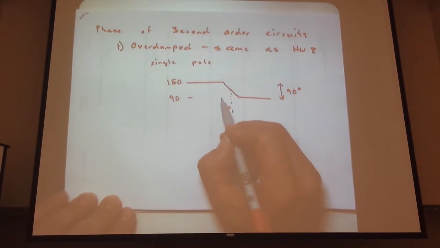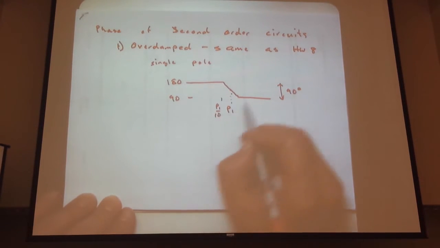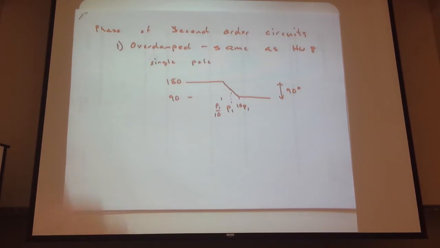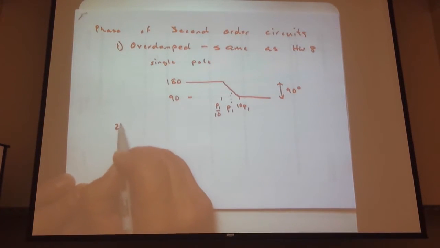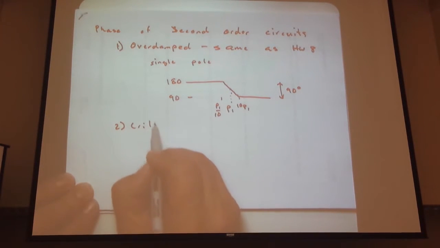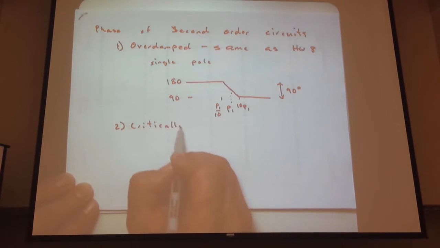We call this pole 1 over 10, and that's 10 times pole 1. That would be 2 decades, 2 orders of magnitude. So we spread that over, critically damped, and you repeat that for both poles. Critically damped, nothing different.